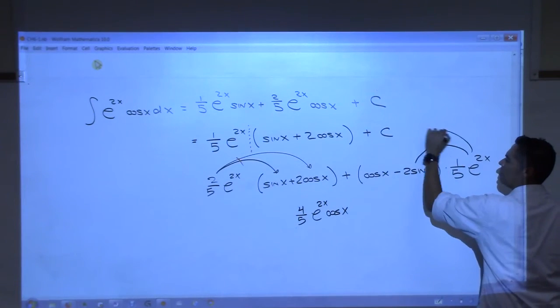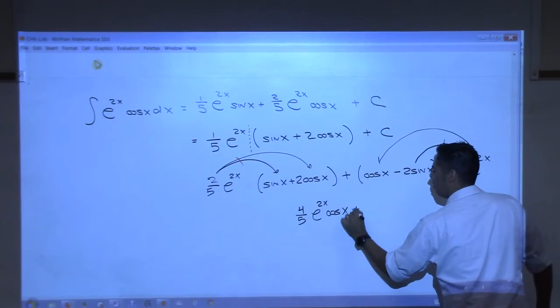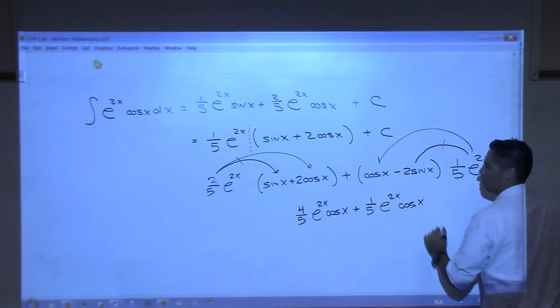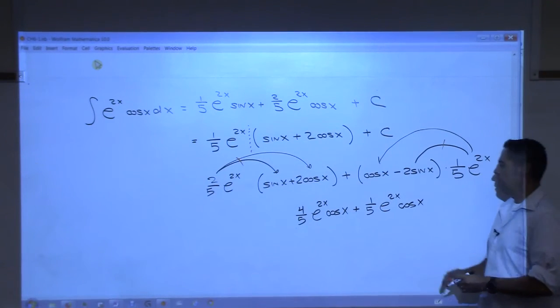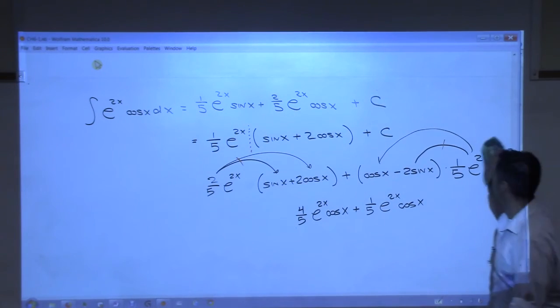And when I do here to here, what do I get? 1/5, so I'm adding 1/5 e to the 2x cosine x. And 4/5 plus 1/5 is 1, so I get one of those e to the 2x cosine x's. All right, it works.